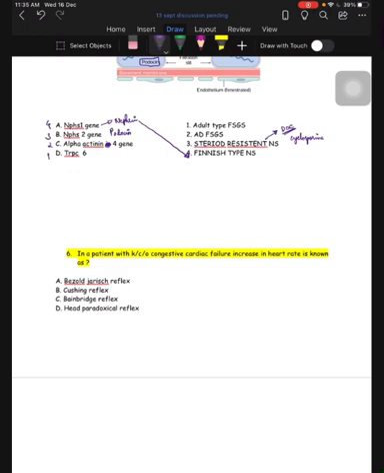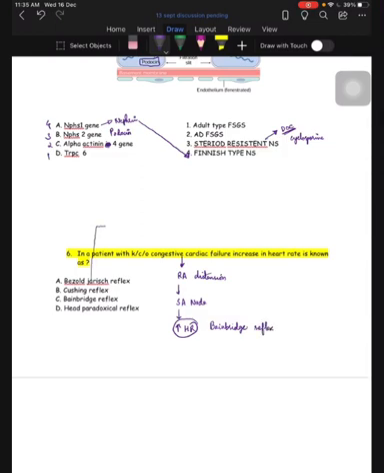In congestive cardiac failure there is right atrial distension, and this distension stimulates the SA node, causing an increase in heart rate. Among the cardiac reflexes, the only reflex which causes tachycardia is the Bainbridge reflex. So this rules out the other options. Let's look at them.